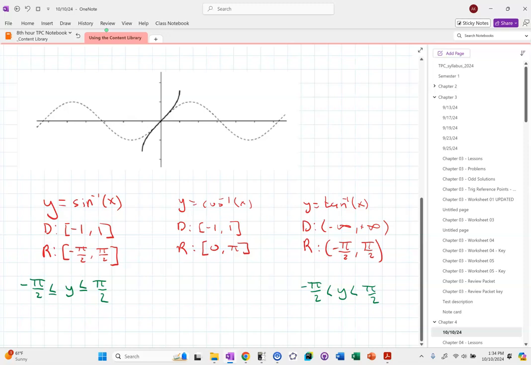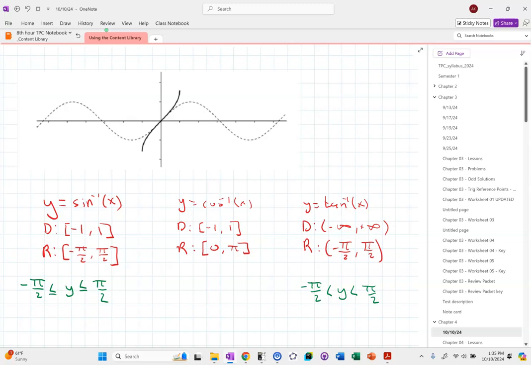So the set parenthesis negative pi over 2 comma pi over 2 parenthesis means all the numbers between negative pi over 2 and pi over 2, but not including those endpoints. Is everybody okay with that? Bracket including, parenthesis not including. So far, so good?